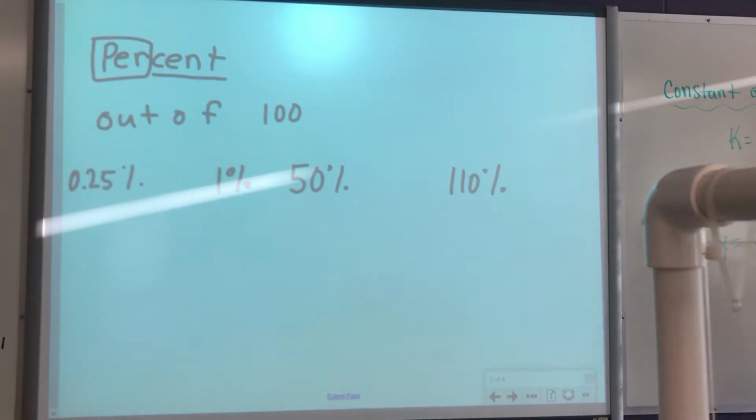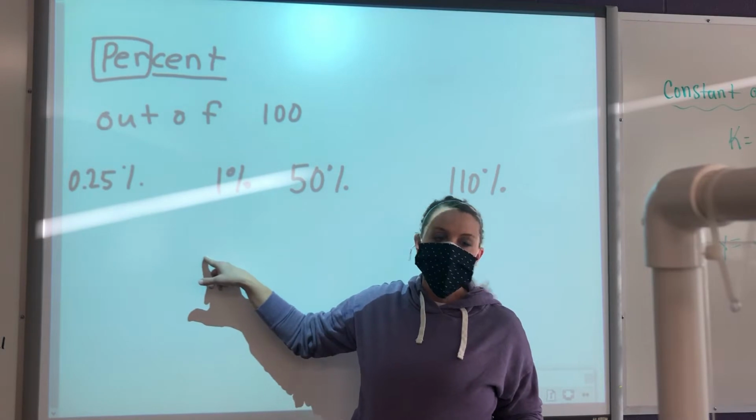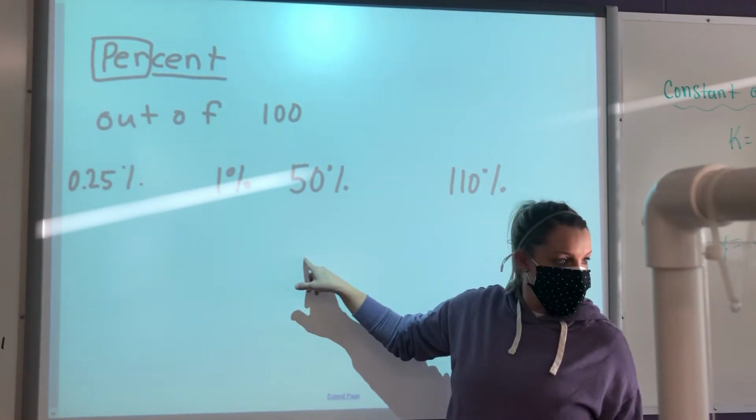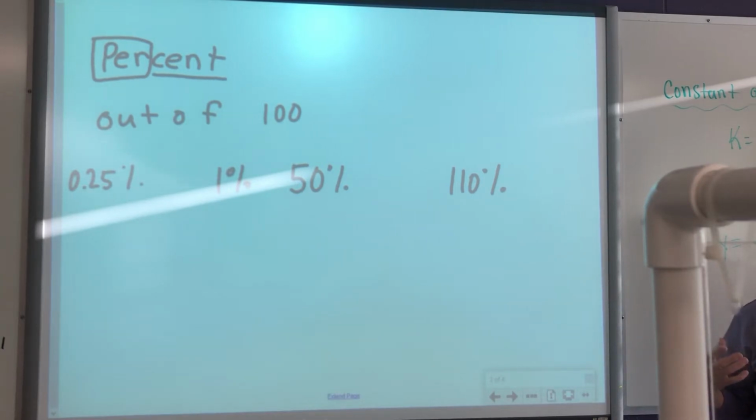Now when we say out of 100, this means 1 out of, that's 50 out of, 110 out of, okay? So those are the things we're talking about with percent. Out of 100. So we're comparing the value to 100.